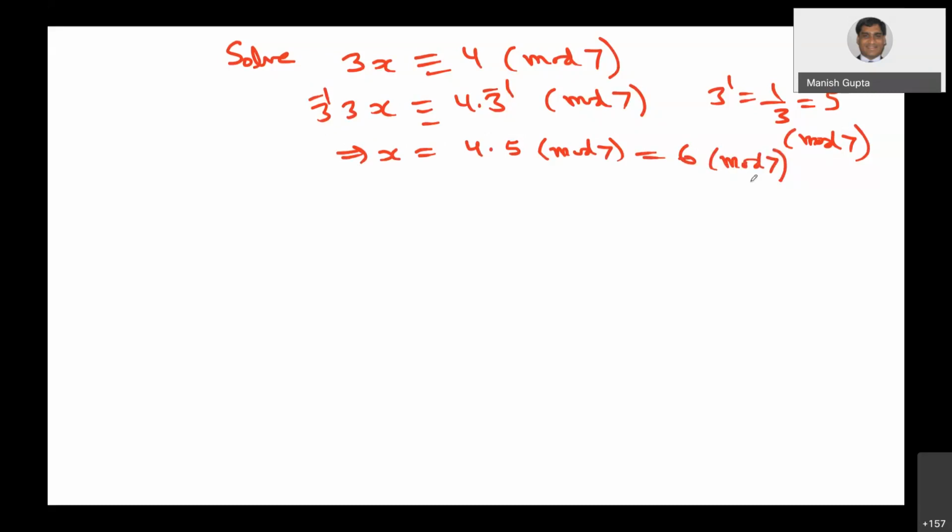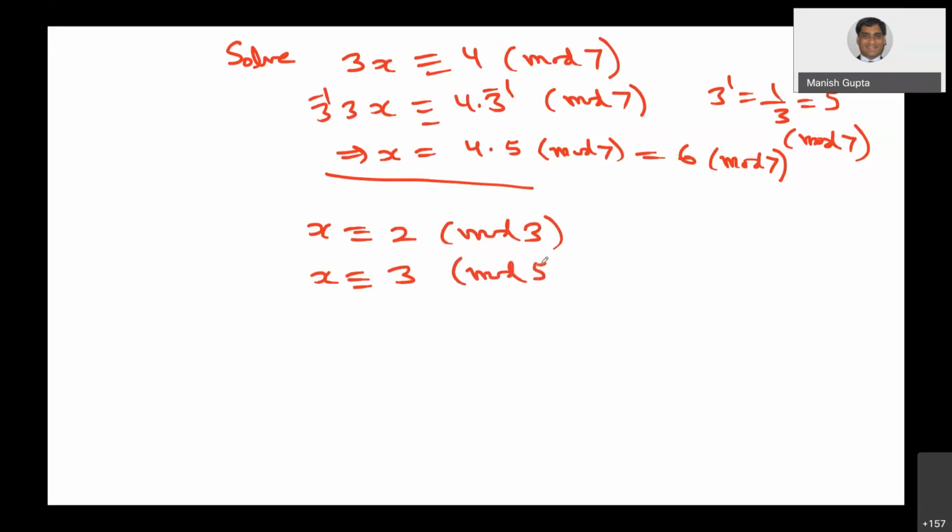So this is how we can solve an equation over modular arithmetic. Now, this is a single equation. Now I'm going to tell you about what is known as the Chinese remainder theorem, solving a system of equations of congruence type. Suppose we are given x is congruent to 2 mod 3, x is congruent to 3 mod 5, and x is congruent to 2 mod 7.